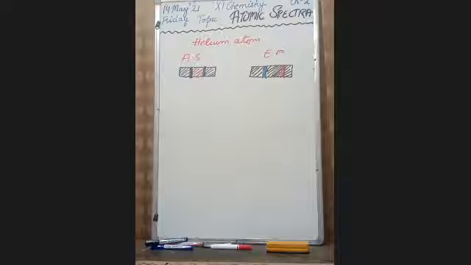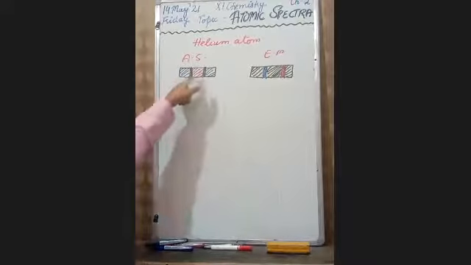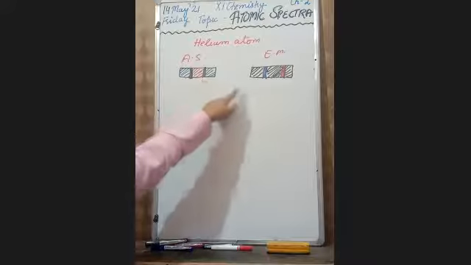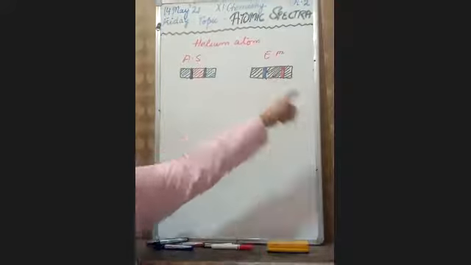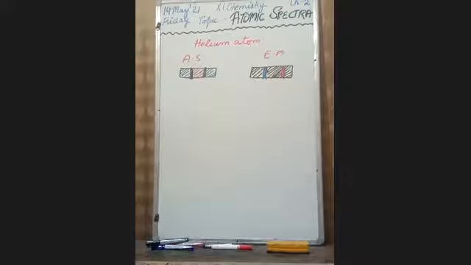Absorption spectra consists of dark lines in an otherwise continuous spectrum. Here you can see a continuous colored spectrum with dark lines in between, and here colored lines are present in between the dark bands. Emission spectra can be continuous or discontinuous, but absorption spectra is always discontinuous in nature.